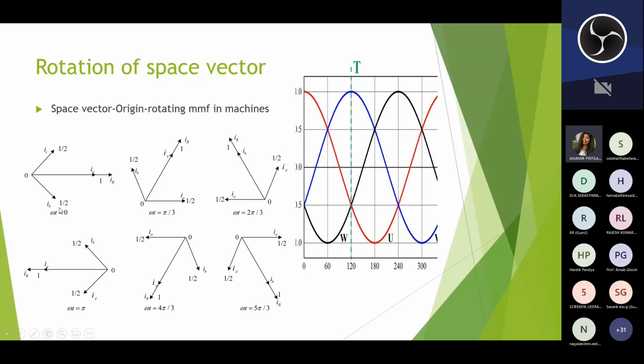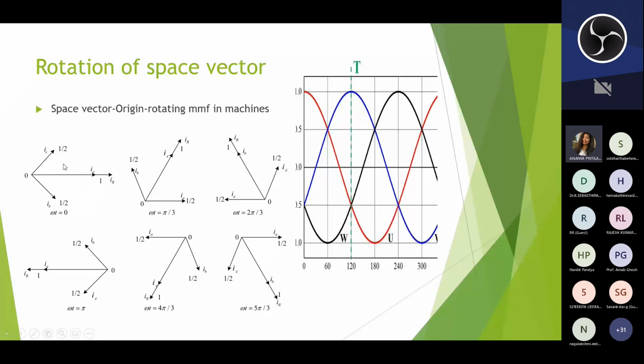Here the first instant I have taken at omega t equal to 0, the phase IA is in its conventional direction. If you recall that 120-degree displacement diagram that represents A and B, the B phase is negative and opposite to the conventional direction, and similarly C is also in the negative direction.